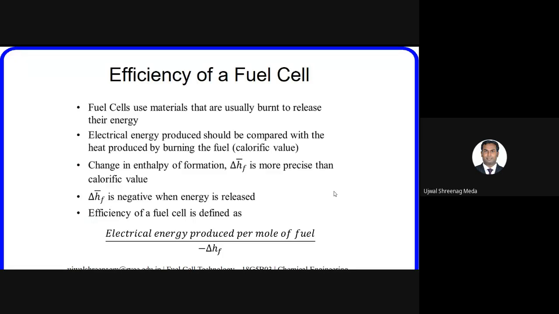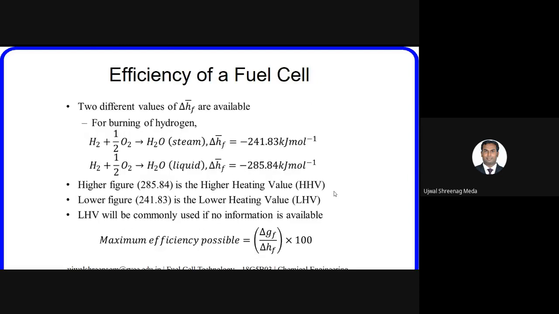So with that, if you want to calculate the efficiency, electrical energy produced per mole of fuel with respect to the change in enthalpy of formation per mole is a way that can be considered to find out the efficiency.